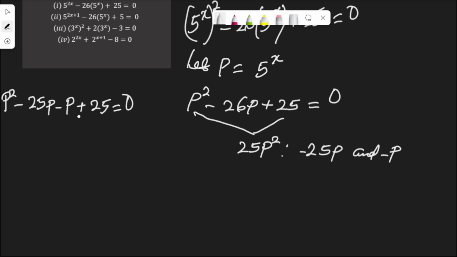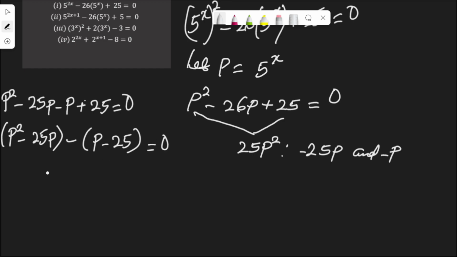So that is what I have done here. To factorize this, let's group it 2 by 2. So I have p squared minus 25p. Then I also group this together, p minus 25. The plus changed to minus because we introduce a bracket.